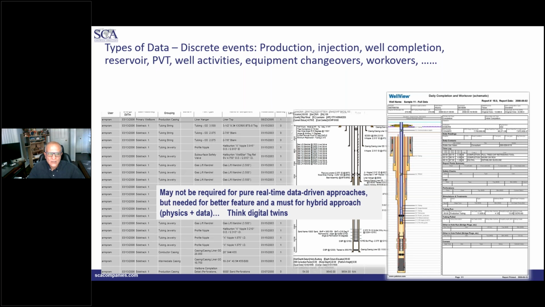Now, it is possible that you can do without this type of data if you go for a pure real-time data-driven approach. But increasingly what we are finding is that pure data-driven approaches based on just real-time data rarely succeed.